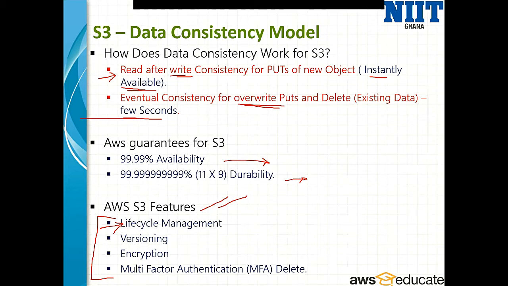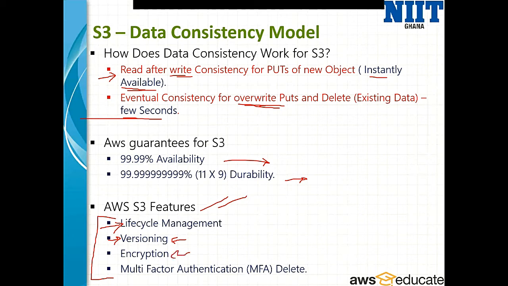The costing for the storage of data will decrease. Versioning, as I said previously, is also like a version control system, which provides you with multiple versions of the file. If you upload one file and then modify it and upload it again, it can be versioned to maintain all the previous versions.